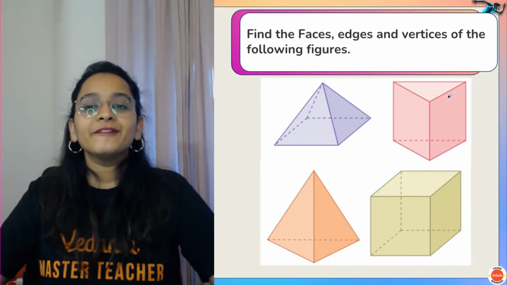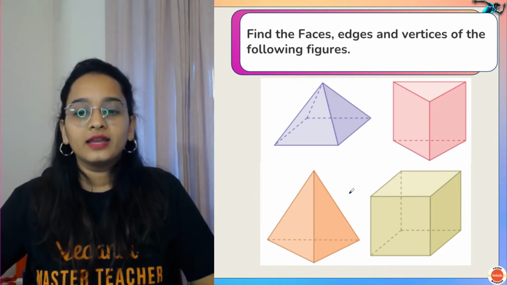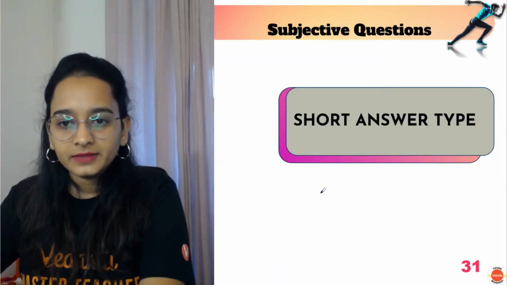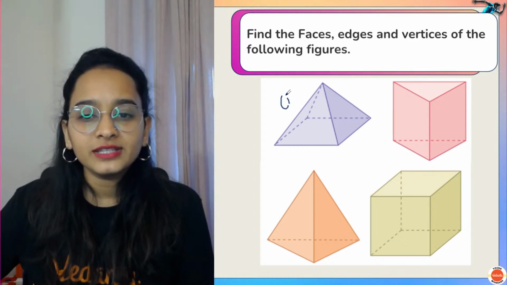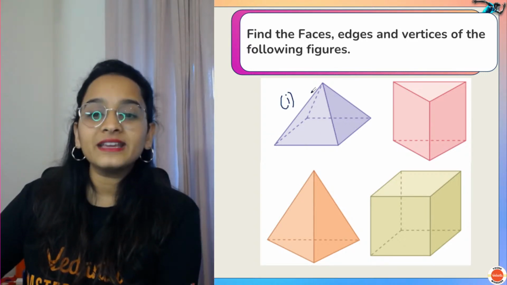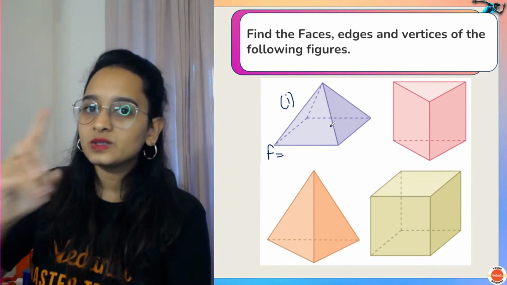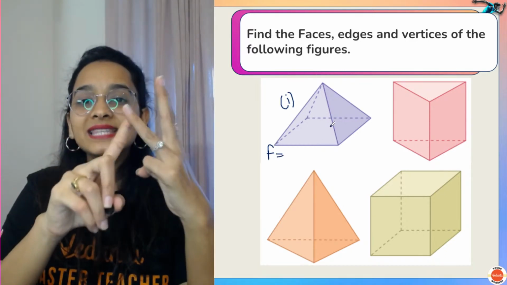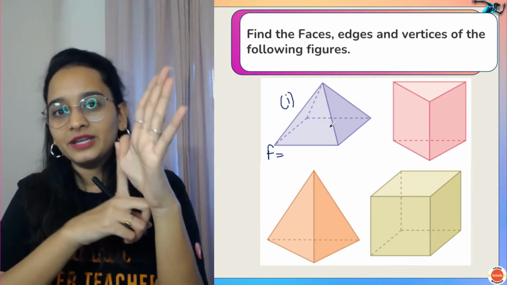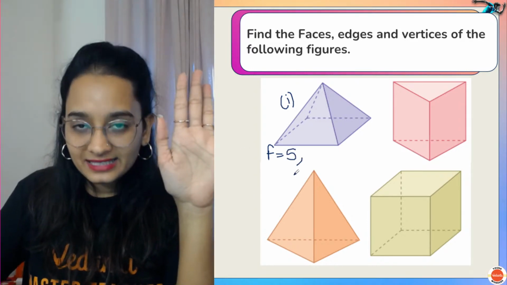Well done. Find the faces, edges and vertices of the following. Let's talk about the first one. How many faces does this one have? The base is one face, and since the base is a square, from every side of the square there is going to be a triangle. So totally we have 5 faces.